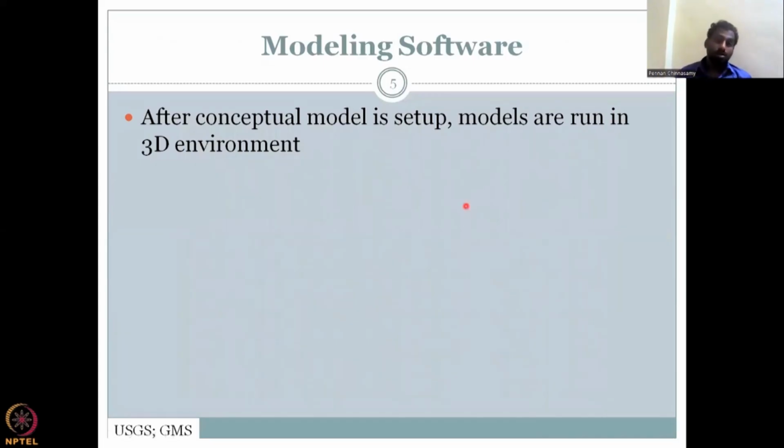And these conceptual models are then fed into a modeling software. After the conceptual model setup, models are run in a 3D environment. Some models are 1D, but nowadays, because computing power is available and free open source models are available, 3D is kept. Because in 3D, you also look at the lateral movement and downward movement along with the 3 axes.